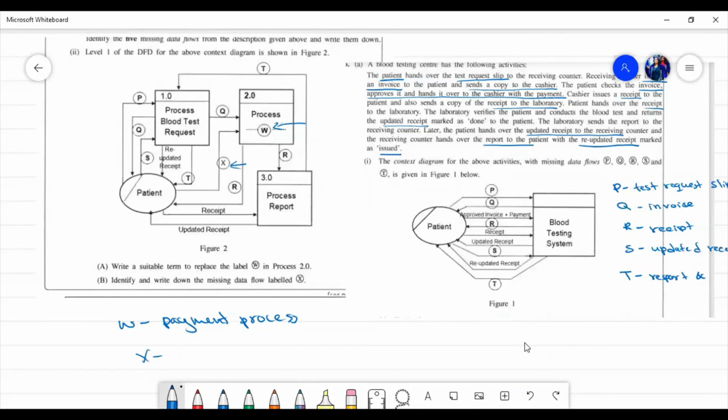X should be what? In order to make the payment, they have to do what? The patient approves the invoice and hands it over to the cashier with the payment. So we can say X is the approved invoice and payment.